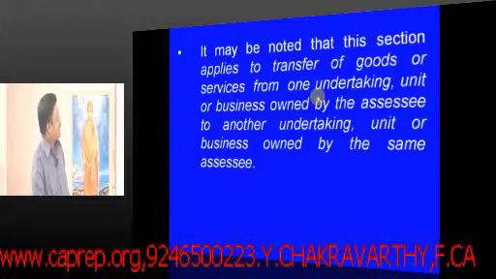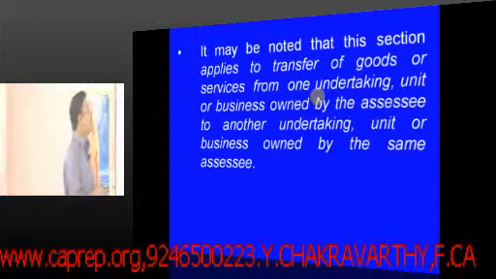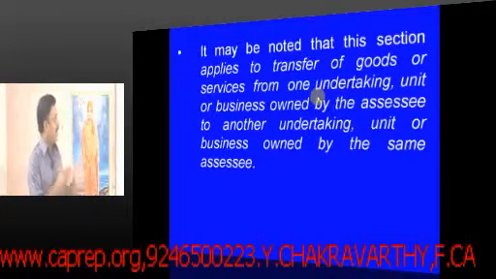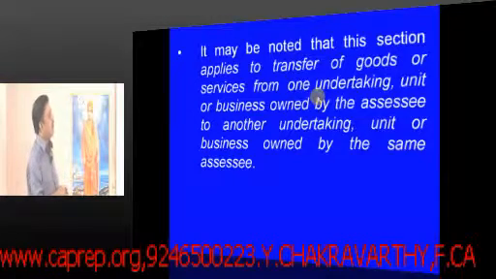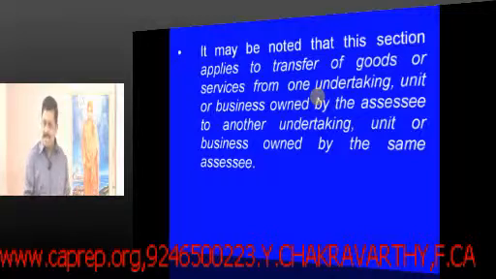Then the next is, it may be noted that this section applies to the transfer of the goods or services from one undertaking or unit or a business owned by the SSE to another undertaking or unit or business owned by the same SSE.